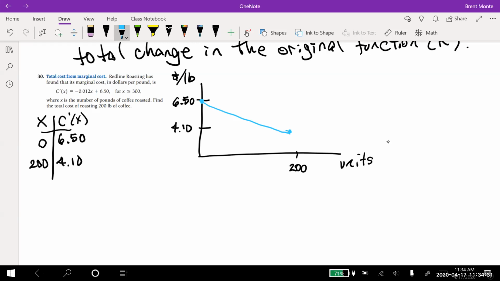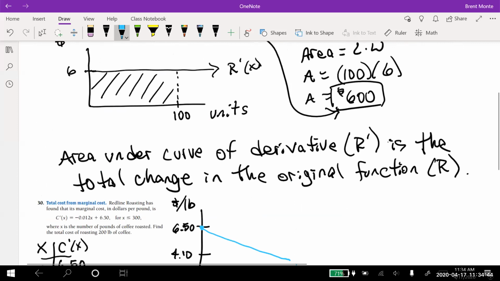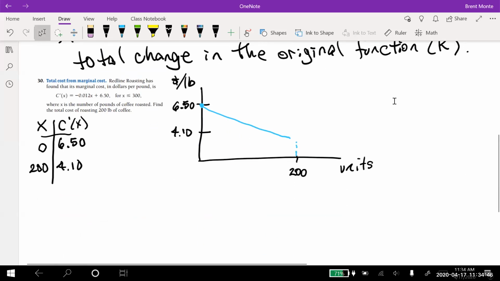Make it go out a little bit more. That's not great, so we'll clean that up a little bit because I can't help myself. All right, that's a little bit better.